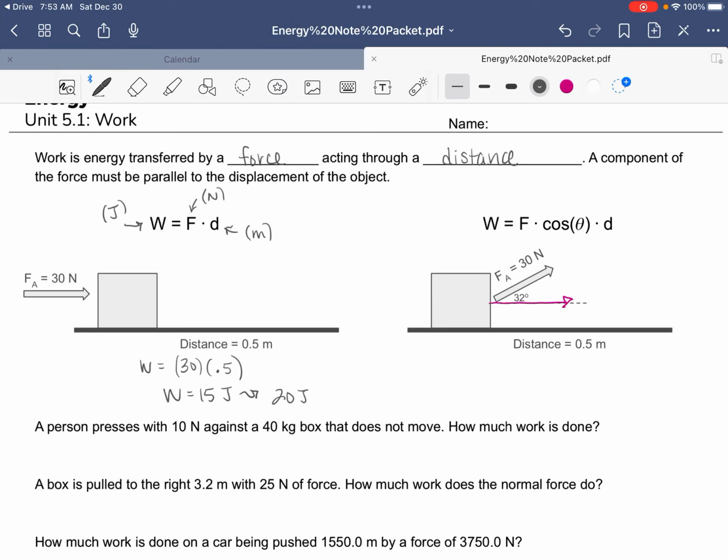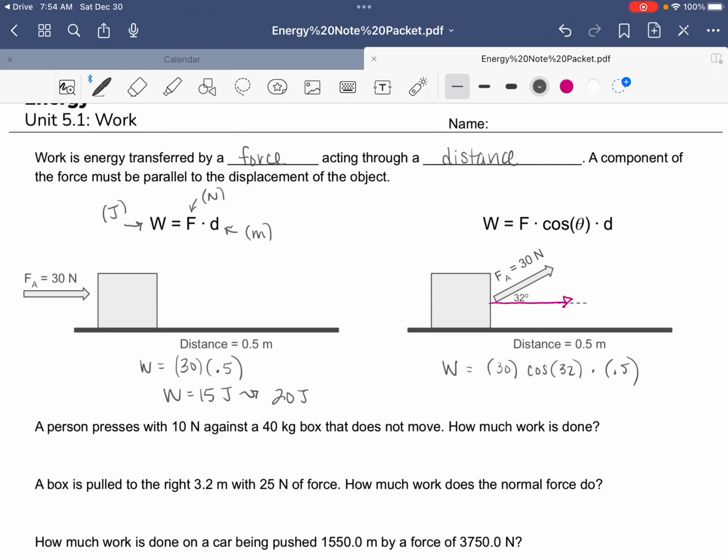So in order to solve, the work is equal to our force, which is 30, times cosine of our angle, 32, times our distance of 0.5.